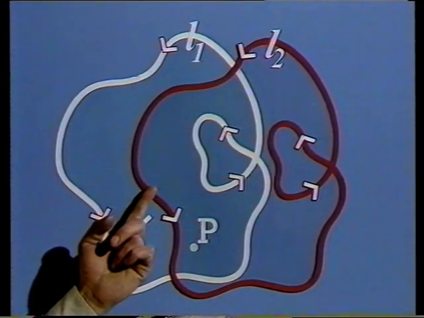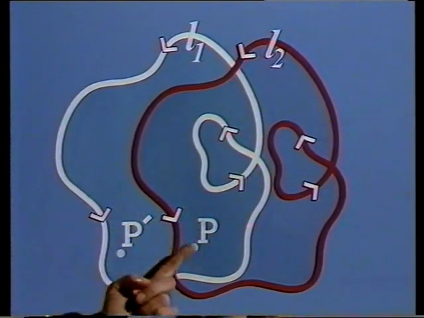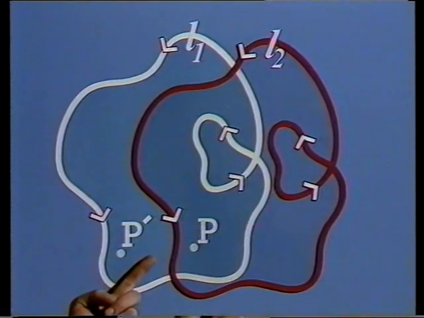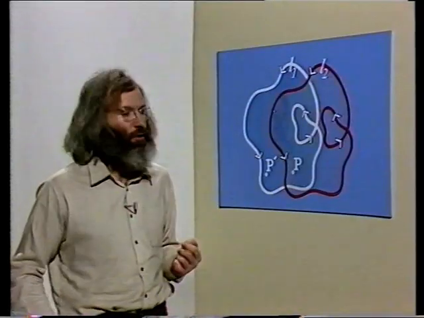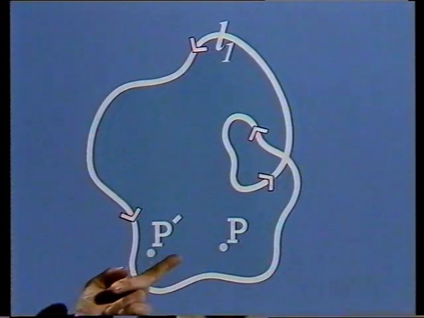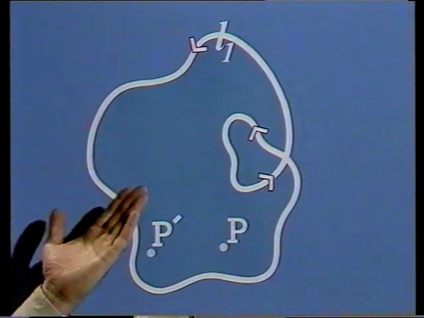Of course, instead of translating the curve, we can get the same effect by translating the point in the opposite direction to the position P dashed. P dashed has the same relationship to L1 that P has to L2. So, we've shown that winding number doesn't change if we move the point without crossing the curve. That is, points in the same region of a curve have the same winding number.